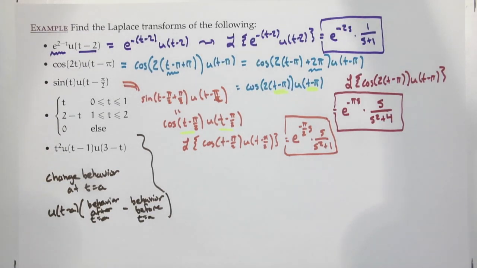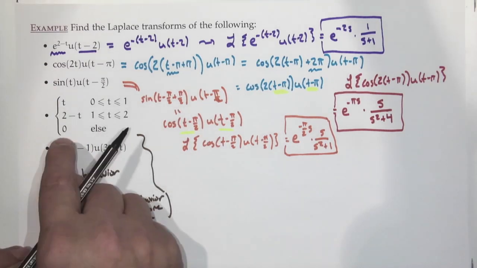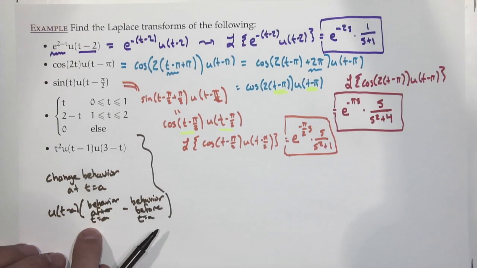So the key here is to think about, when I'm doing an on-off switch, this plus part is being turned on, and this minus part is what's being turned off. So you're turning on what should be happening, you turn off what was happening.